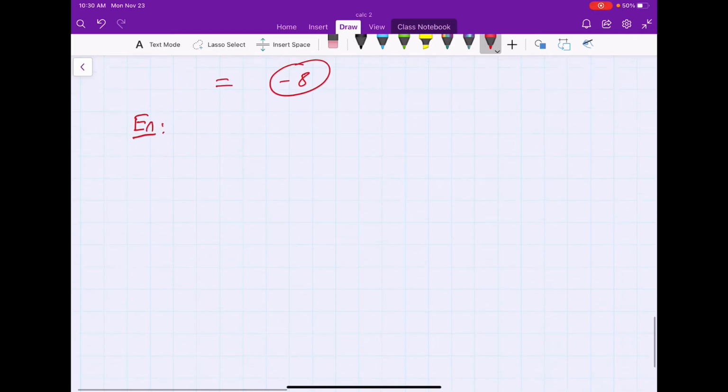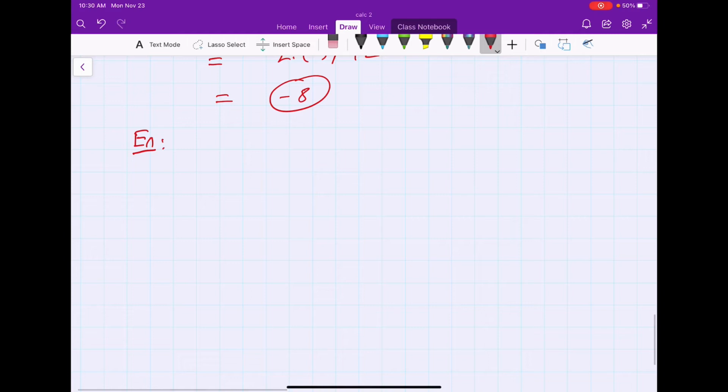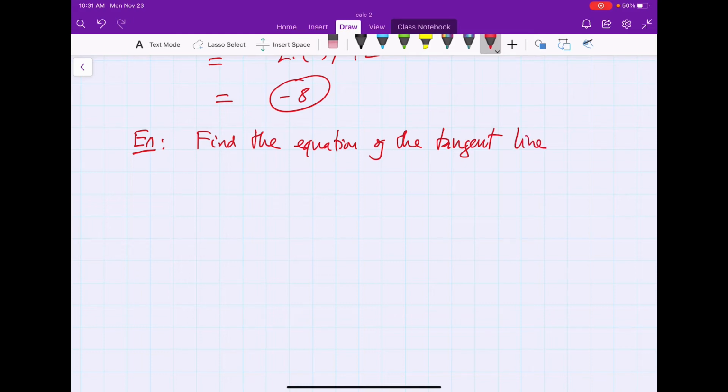The second problem: find the equation of the tangent line. So that means you need to find the first derivative. Your function is (x plus 8) over (x minus 1), and the point is x equal to 1/2 and y equal to -17.